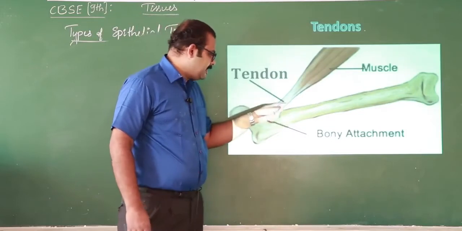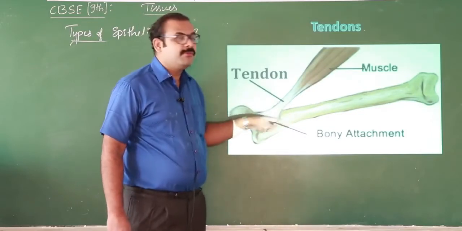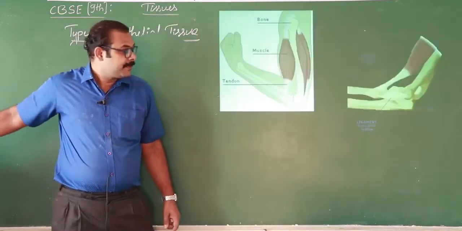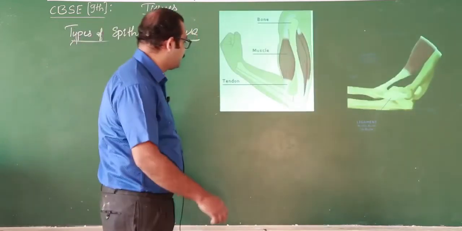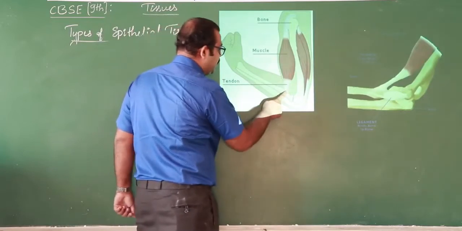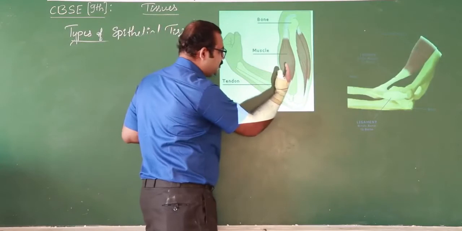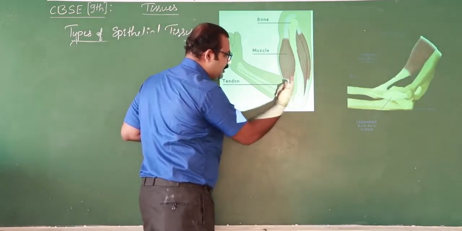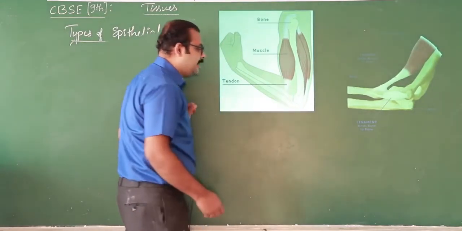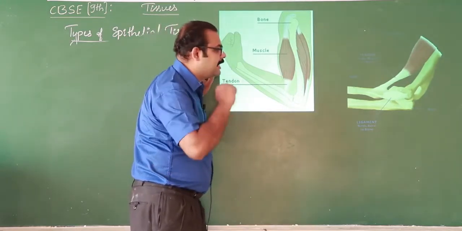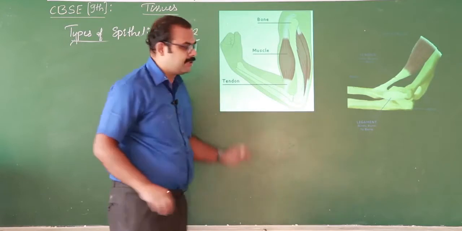If the tendons tear out, we cannot move our body parts. Look here, this is the muscle and tendon. If you want to lift something or hold something and there is no connection between the muscles and the bone, it is very difficult to hold things. That's why in this way they help in movement of the parts.